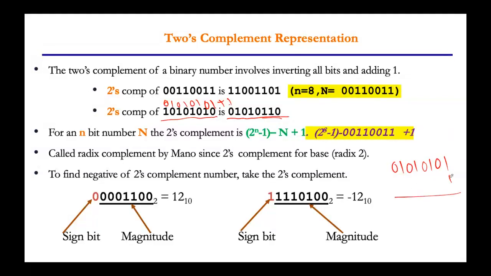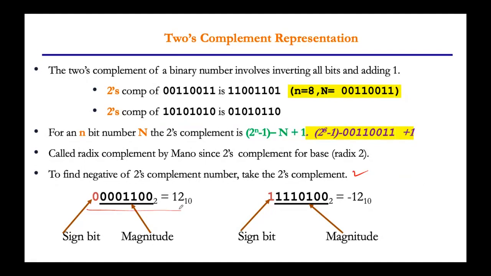So 1 plus 1 is 0 with a carry of 1, and the carry propagates through the remaining bits. To find the negative of a two's complement number, you take the two's complement.